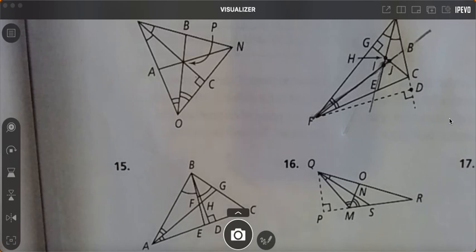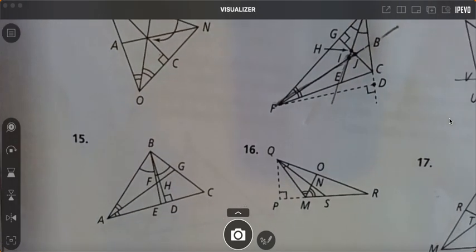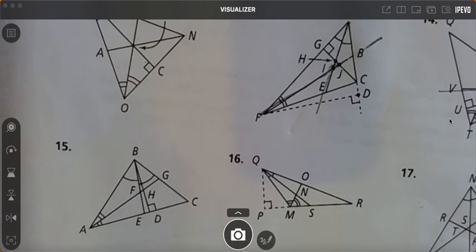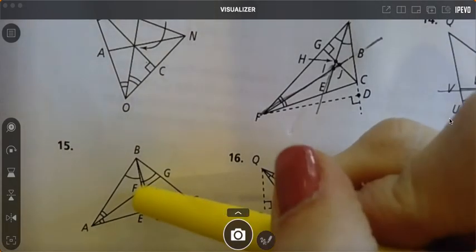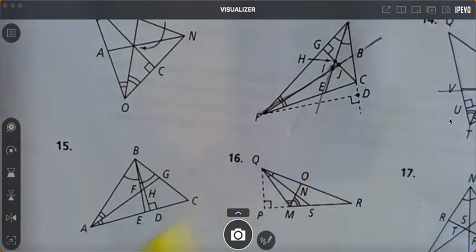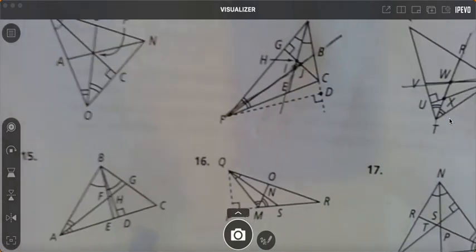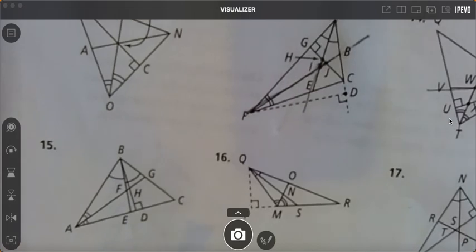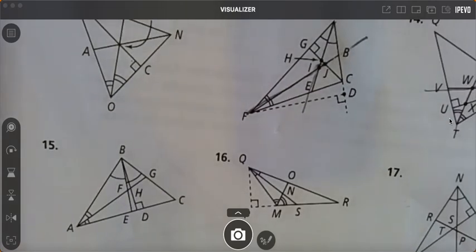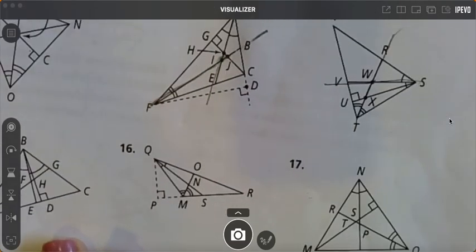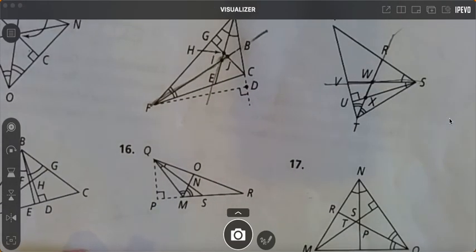Why is it not H? Because H doesn't intersect that other than U. Yeah, so H is kind of where this perpendicular line is, but it's not where these angle bisectors meet, okay? They meet at F. Where does, on number 16, where do the angle bisectors meet at? N. I think that's the only one. Yeah. And then on number 17, the angle bisectors meet at what?